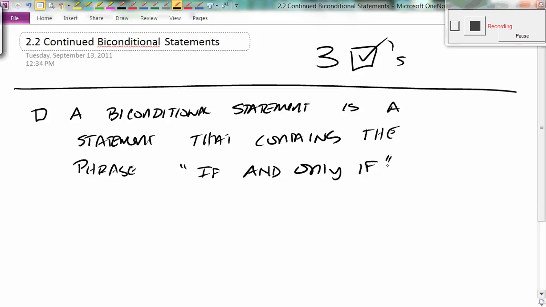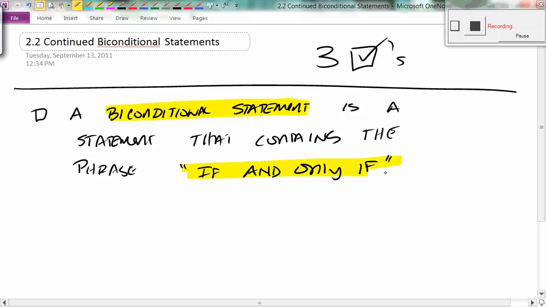Okay? So that is our key vocab word of the day. A biconditional statement is a statement that contains the phrase if and only if. So that is the straightforward definition for a biconditional statement.